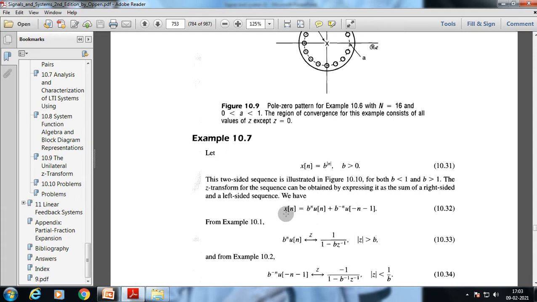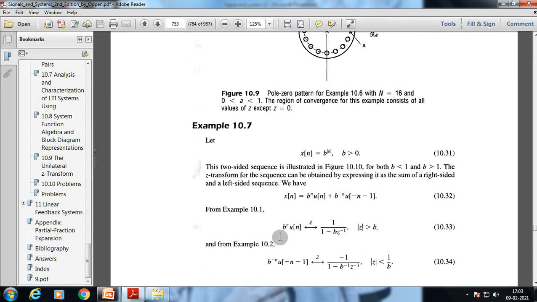We have x of n is equal to b to the power n u of n plus b to the power minus n u of minus n minus 1. For example, b to the power n u of n has z transform 1 by 1 minus b into z inverse, mod z greater than b. And from example 10.2, b to the power minus n u of minus n minus 1 has z transform minus 1 by 1 minus b to the power minus 1 z to the power minus 1, mod z less than 1 by b.